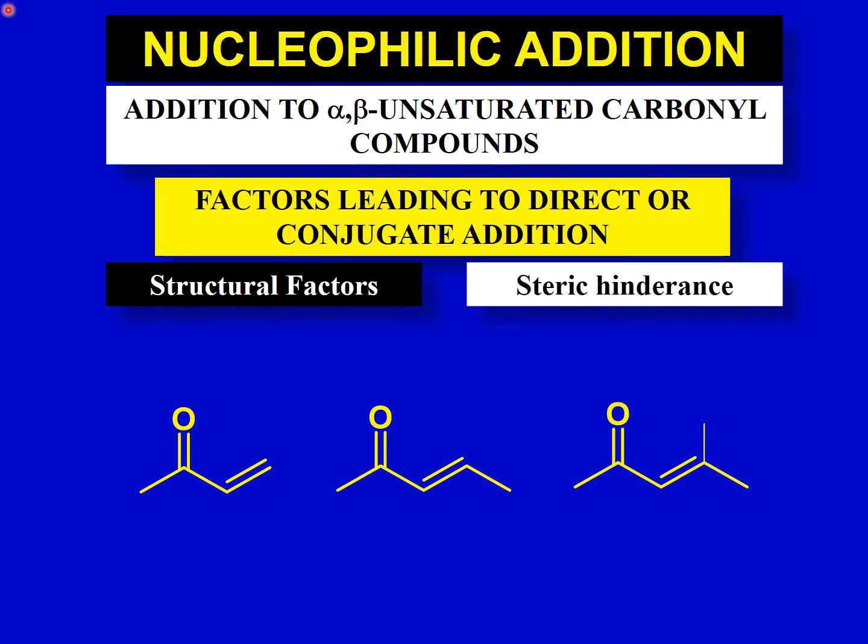So if we have a nucleophile and reaction conditions that will favor conjugate addition, the conjugate addition will happen more easily at this alpha beta unsaturated ketone, because here the beta position is unhindered, while at these two it will be less probable. So steric hindrance also plays a vital role in deciding which product will be formed in higher percentage.